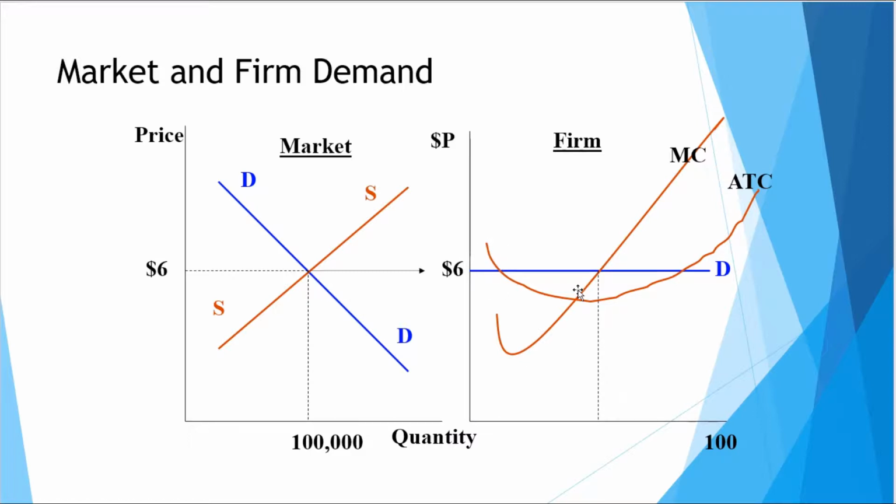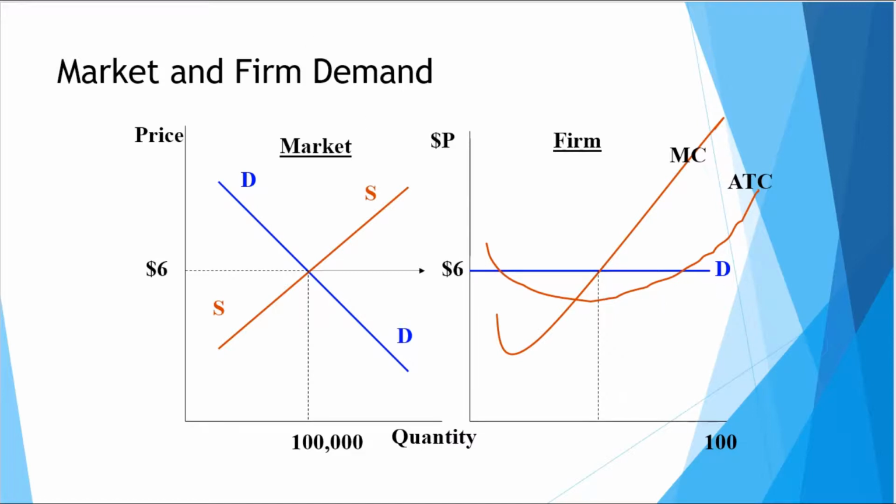This is the average total cost for this firm, and this is the marginal cost for this firm. Again, this is the perspective of the firm, and their price is $6 and it's constant. So even if they're selling 50 units of milk or 60 units of milk, they're going to sell it at $6.